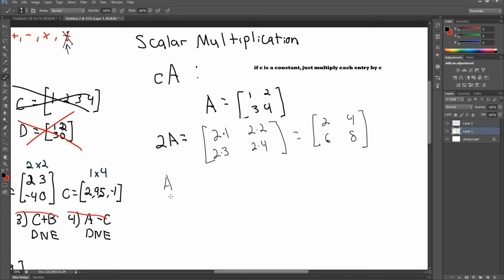We could do A divided by 2, because a scalar is just a constant, and really this is the same as a half times a matrix. And we know scalar multiplication is defined. But division by a matrix is not defined.